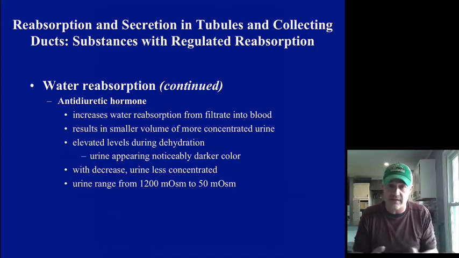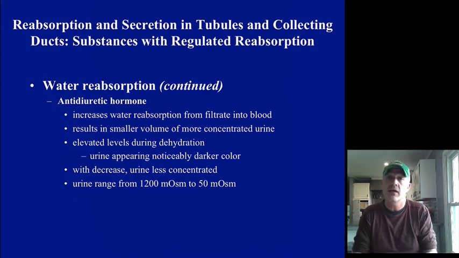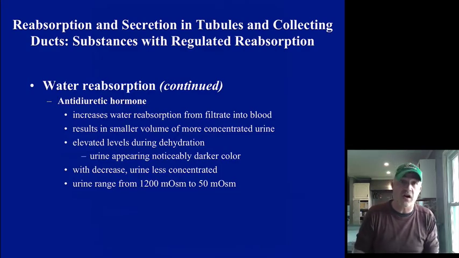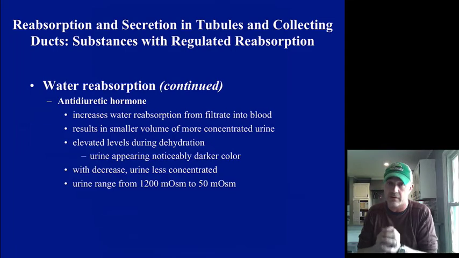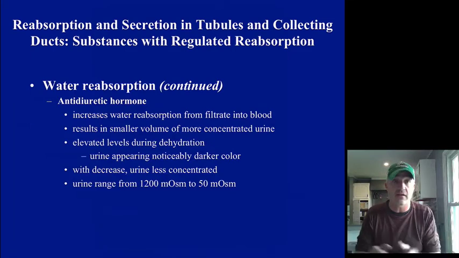Because of that, we can see really wide ranges in how concentrated the urine and the waste products within it can be, depending upon the level of water reabsorption we need to do. It's also true of salt or sodium content. It can range, like it says there, from 1200 milliosmolar to 50 milliosmolar. That's quite a wide range, again dependent upon these signals and what they're doing to cause more or less water reabsorption.